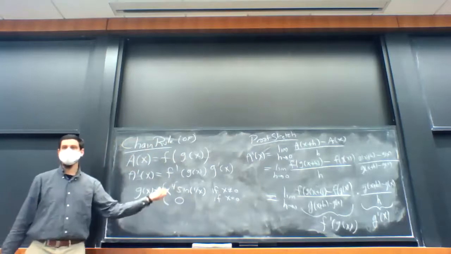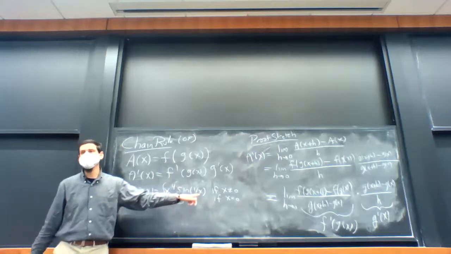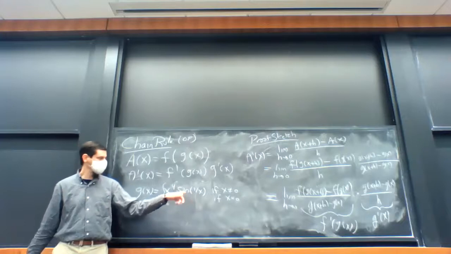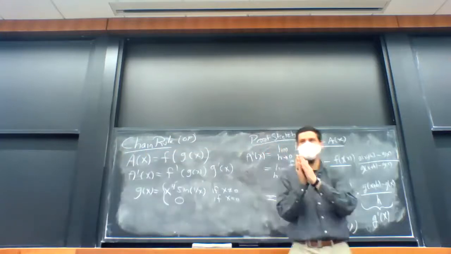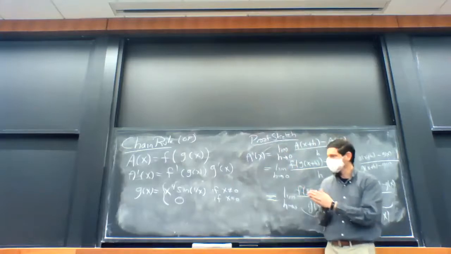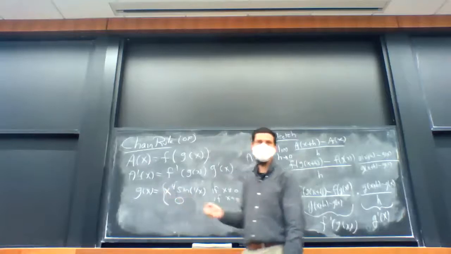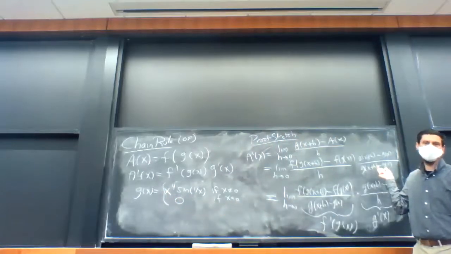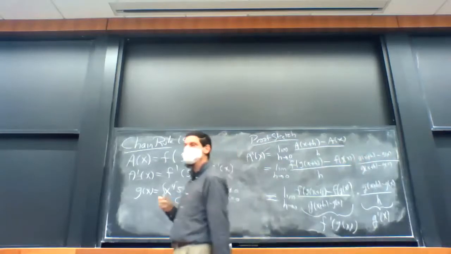It turns out this function is differentiable, it's continuous. Sine is going to really oscillate when x is small. And in fact, this function is going to have infinitely many zeros in an arbitrarily small neighborhood of the origin. And so if I look at g of h minus g of 0 with this function, I will have infinitely many places where they agree. Well, wait. And so we can be evil.